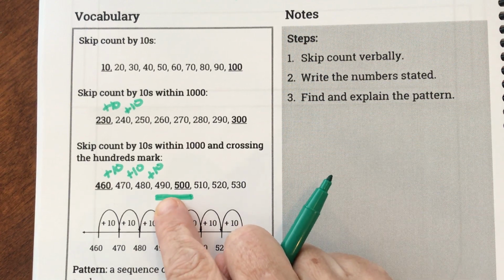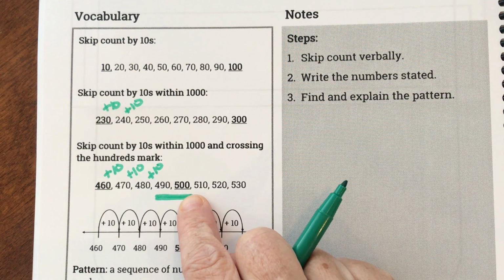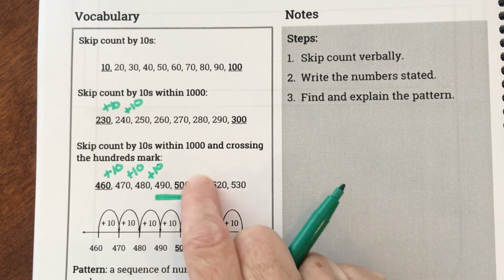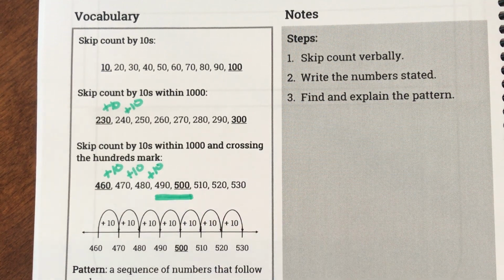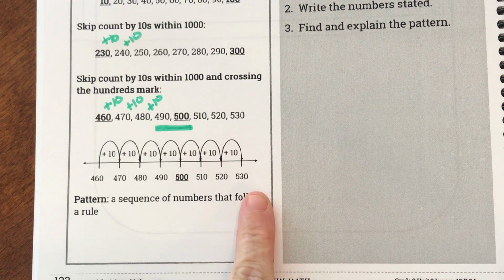But then when I add 10 to 490, I get 500. So this is the part that we have to be careful about, when we go to the next 100. Okay, here they're showing us what that number line is going to look like.